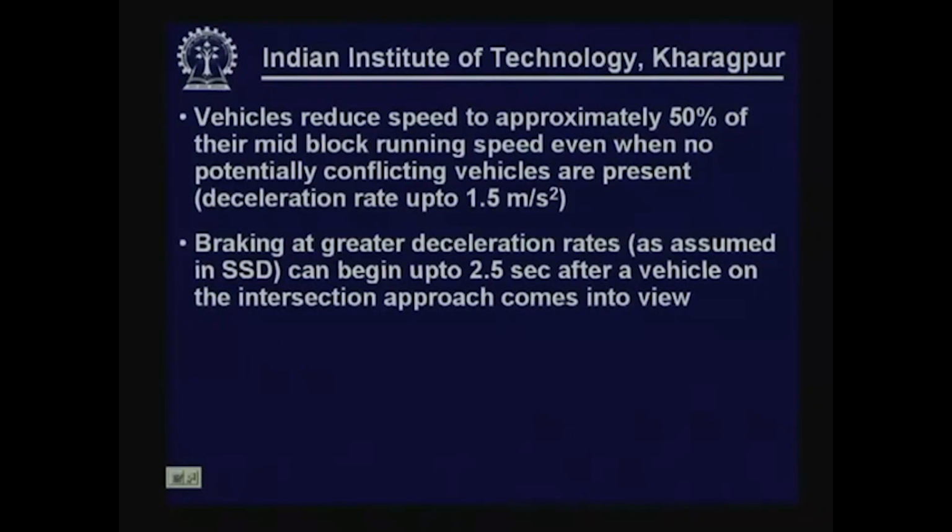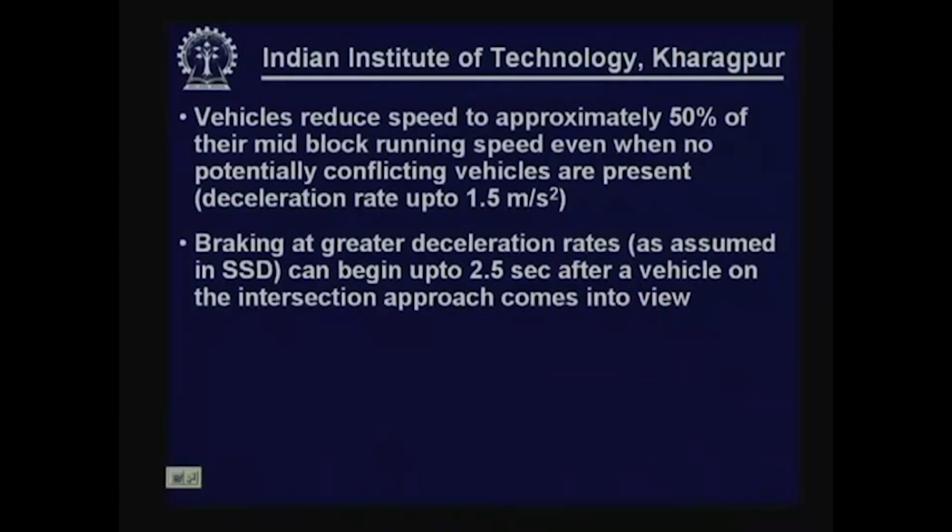They do this even when there is no conflicting vehicle, solely because of the nature of the control, because drivers are aware that they are approaching an uncontrolled intersection. Now, braking at a greater deceleration rate, as assumed in stopping sight distance, which was 3.4 meters per second squared, can begin up to 2.5 seconds after a vehicle on the intersection approach comes into view.